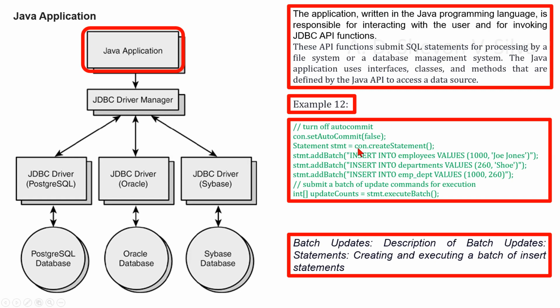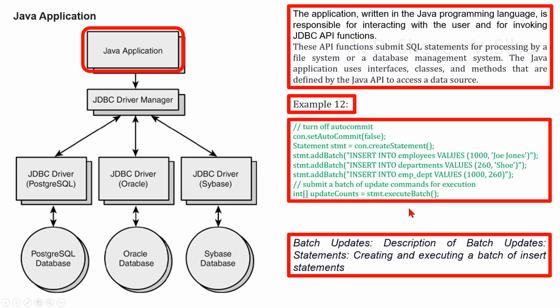It is not possible to set a savepoint within a batch of statements to enable partial recovery. If a savepoint is set any time before the method executeBatch is called, it is set before any of the statements that have been added to the batch are executed.